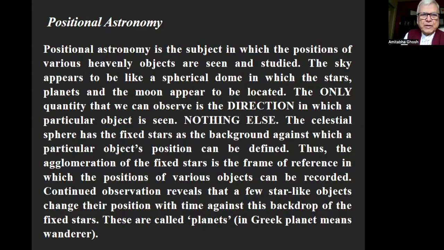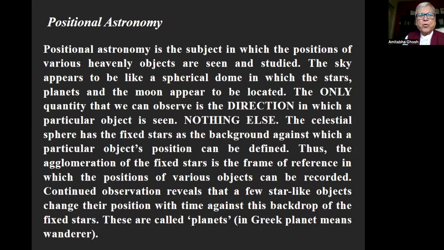And all these planets, moon, sun, they all appear to be located on this spherical dome, the celestial dome. The one thing you must recognize here, which is important, is what we can observe in positional astronomy.